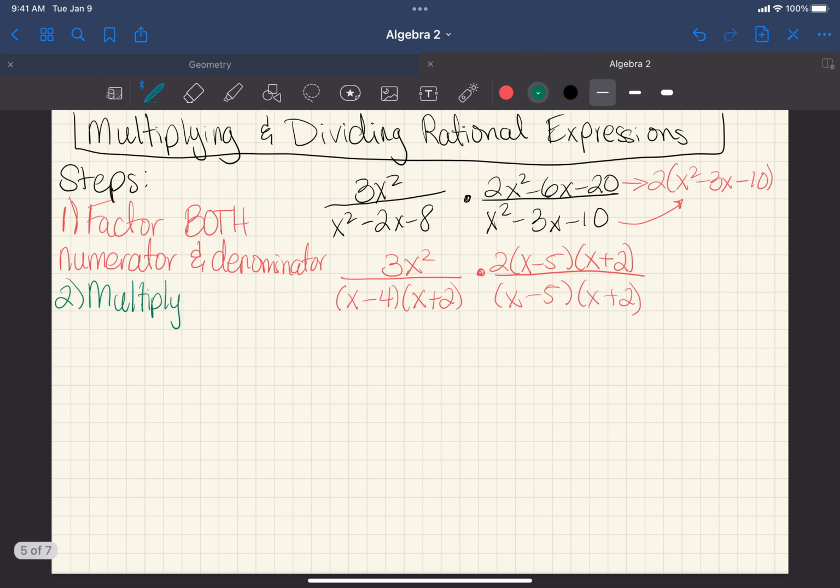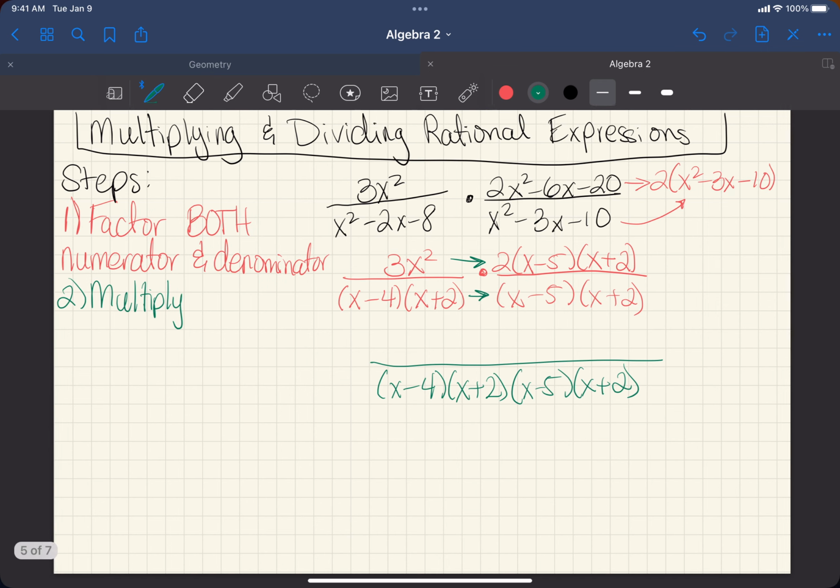Now remember, just like when I multiply fractions, I multiply the numerator with the numerator and the denominator with the denominator. Meaning I'm going to end up with some crazy looking fraction, really. It's a rational expression, but we're going to look at it as a fraction of x minus 4, x plus 2, x minus 5, and x plus 2. All of that right on the top.